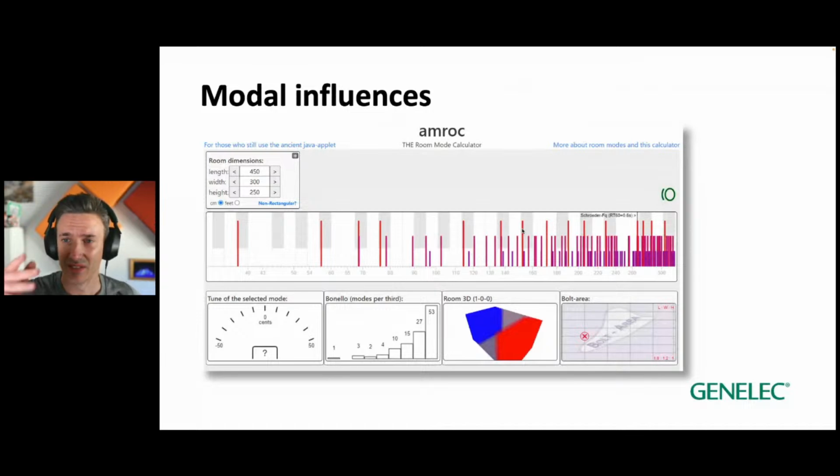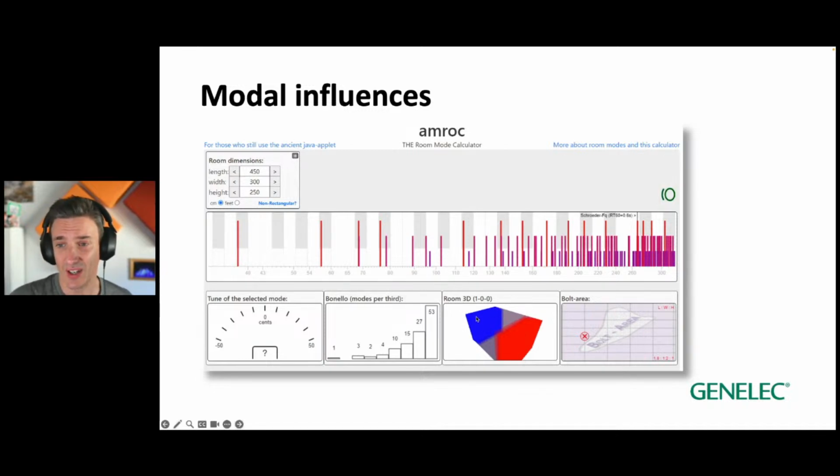And you can use really nice tools, which can be found just by Googling for a modal calculator, or you can directly choose this MROC one. I really like this one because you get these lines showing you where the modes are. Then you can just scroll over it, and you will also get displayed in this 3D view where the maximums are.